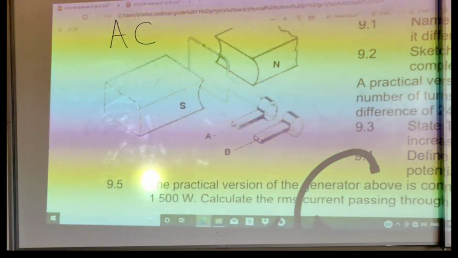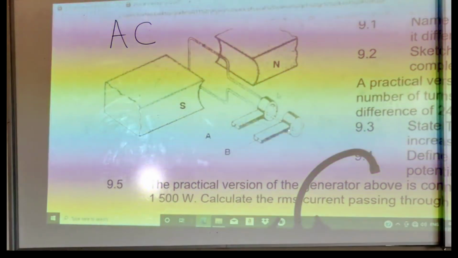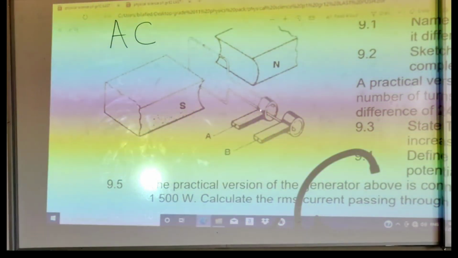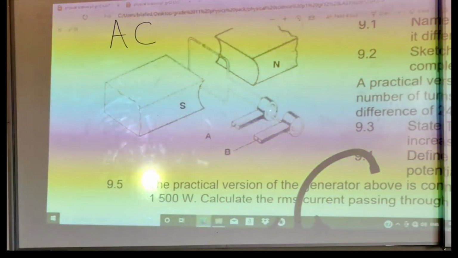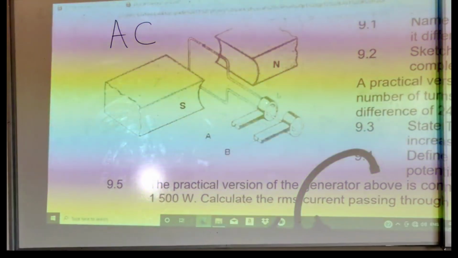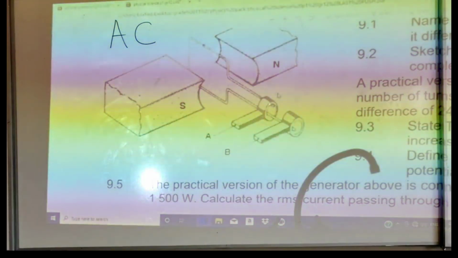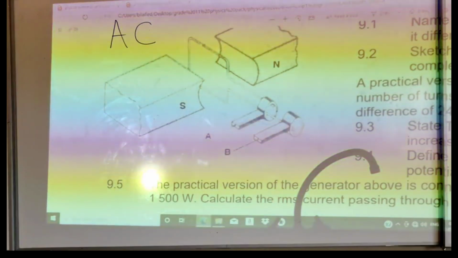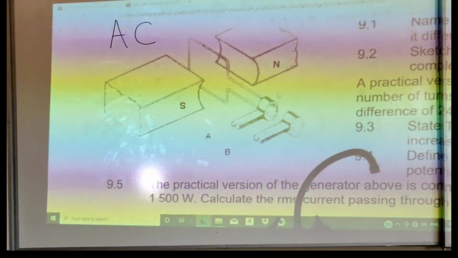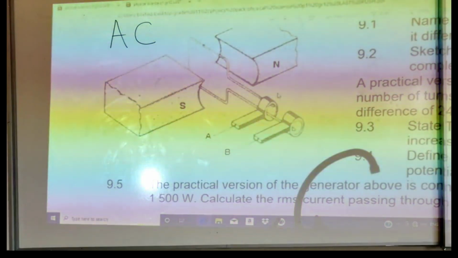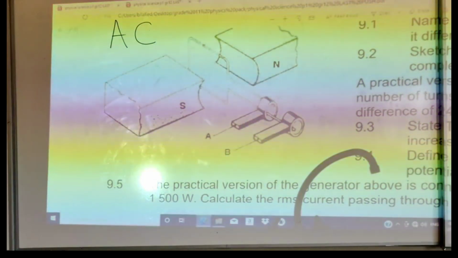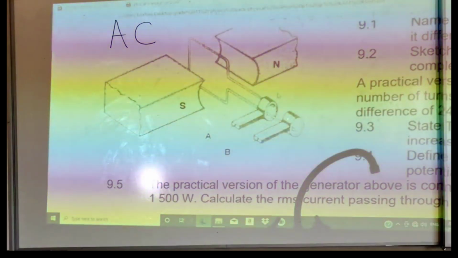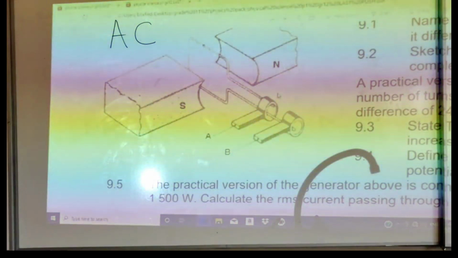So a slip ring is a type of ring which does not have splits. What do we mean by splits? It is not broken into two parts. Actually, a slip ring looks like the ring which people put on when they get married. That ring does not have splits. It does not have separation.